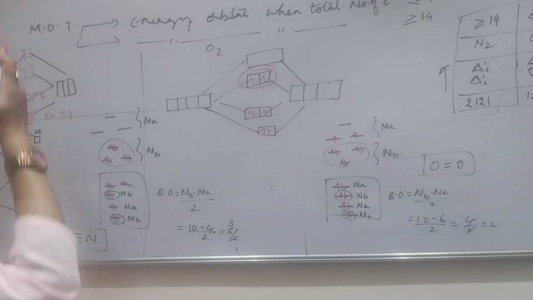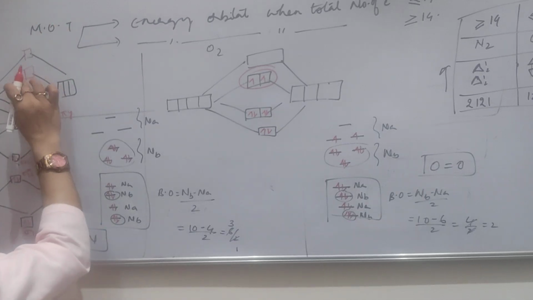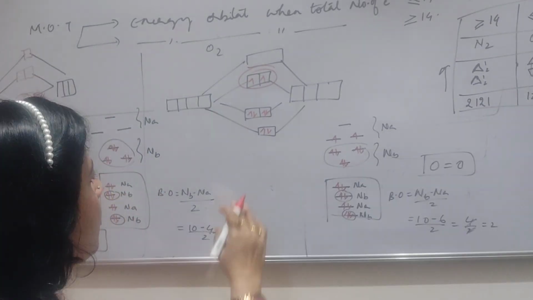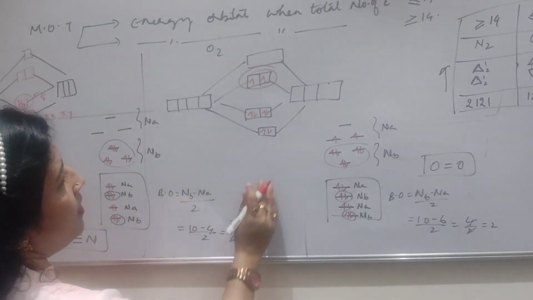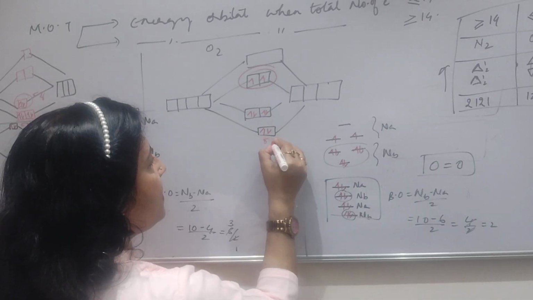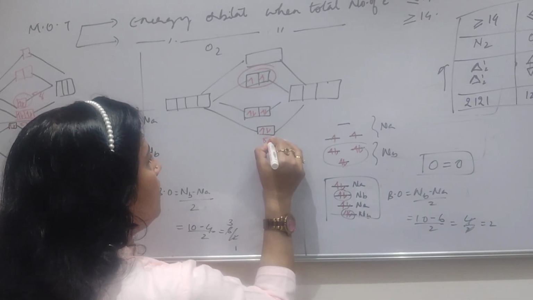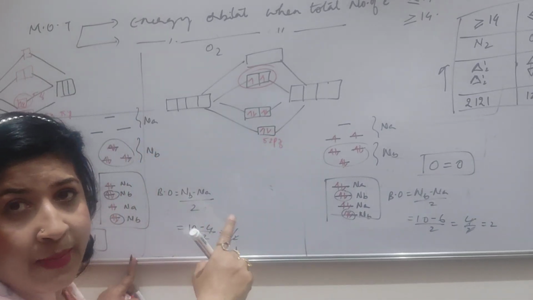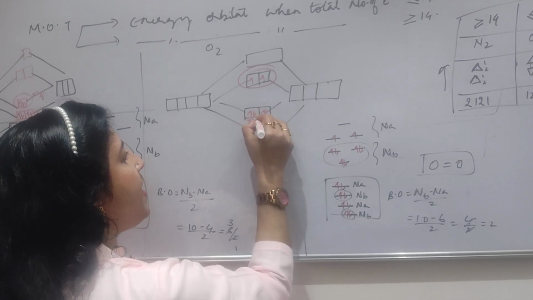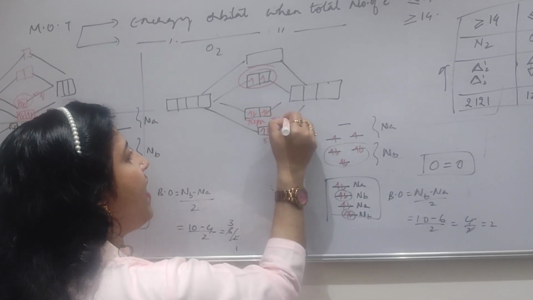We have not filled them, but this will be pi star x, pi star y and sigma star z. Coming on to this, this one is single, so it is sigma 2pz, and this will be pi 2px, pi 2py.